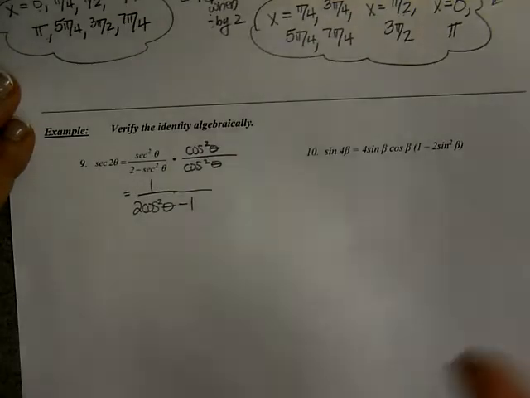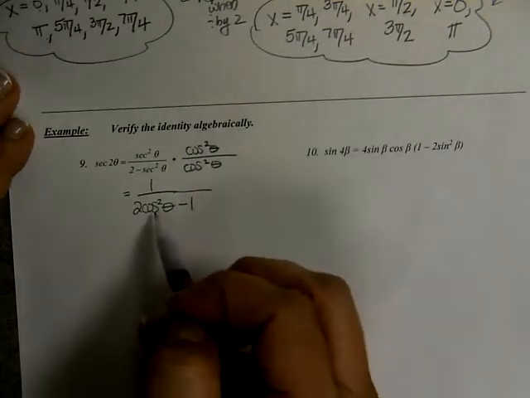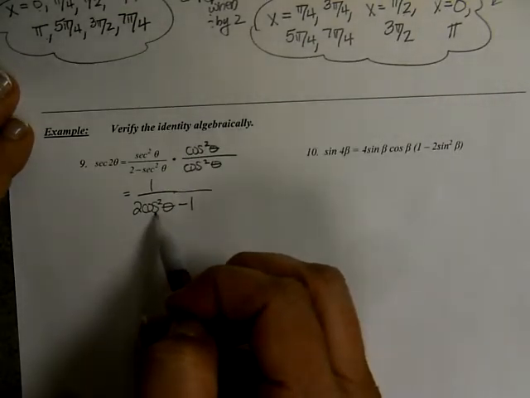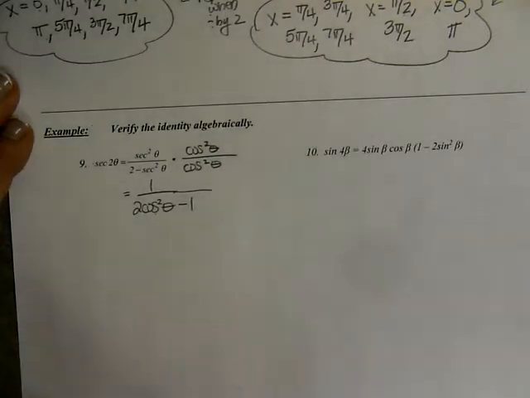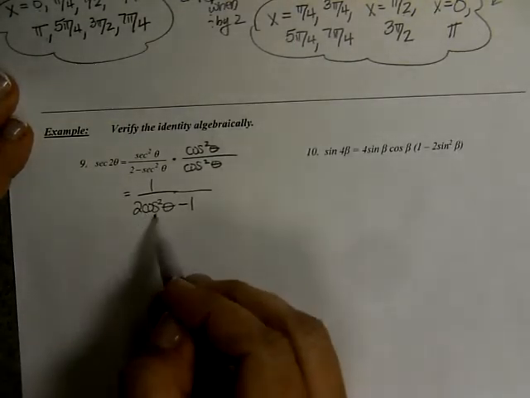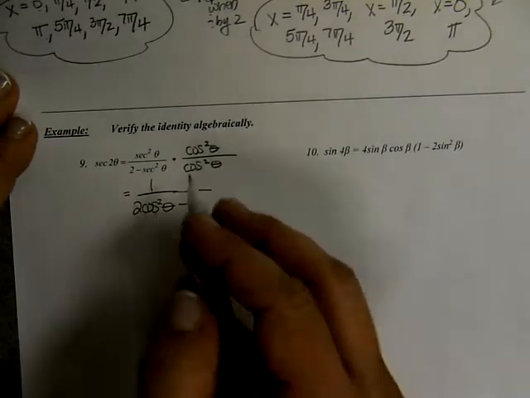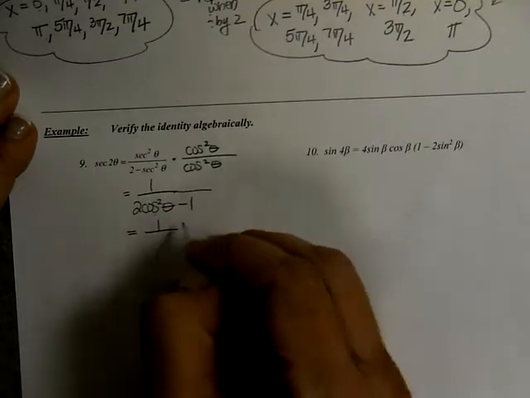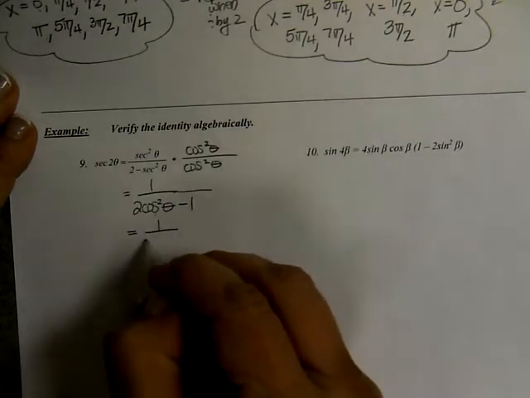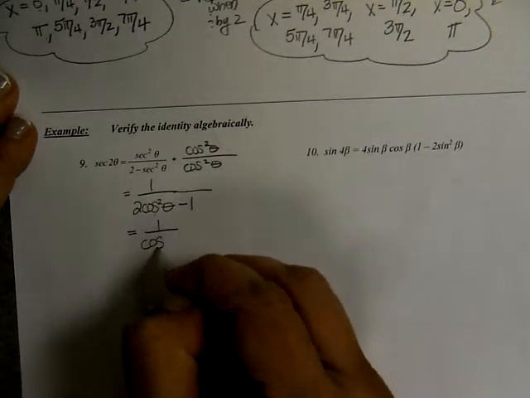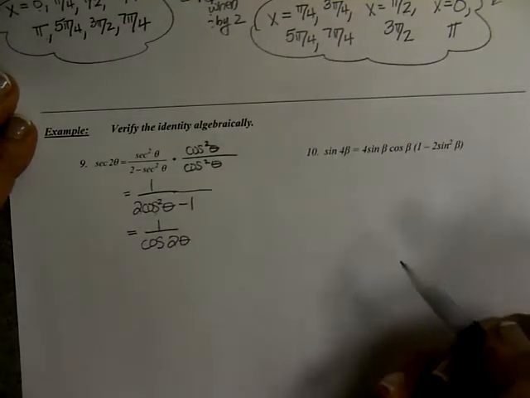And what I've done then is get rid of the secant part and put it in terms of cosine, which we do have some formulas that have that in it, don't we? Oh my goodness, this looks like one of the double angle formulas for cosine. So we could turn this into 1 over cosine of 2 theta.